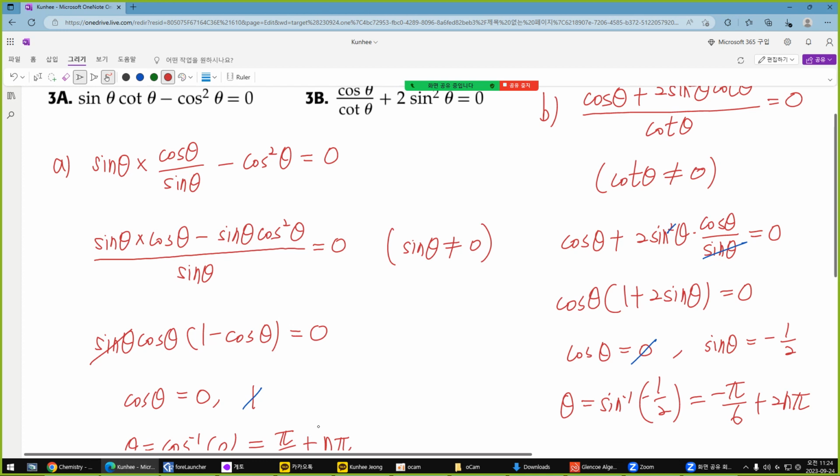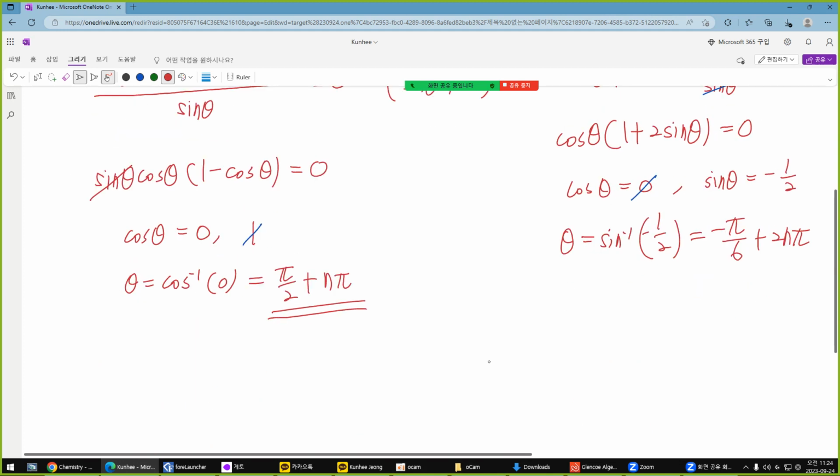And then there is another solution. When you think of the case when sine theta is minus 1/2, sine value can be negative in the fourth quadrant and third quadrant, like this.